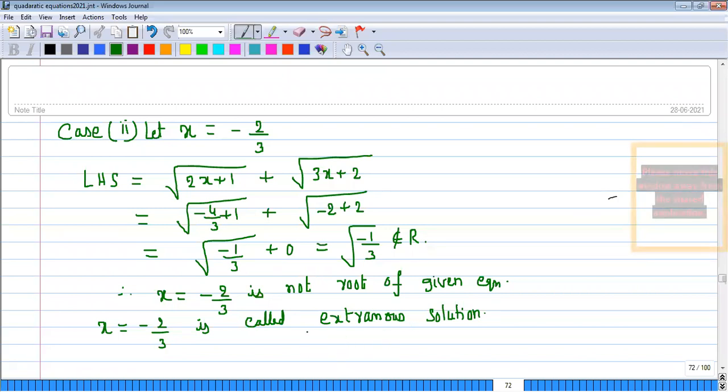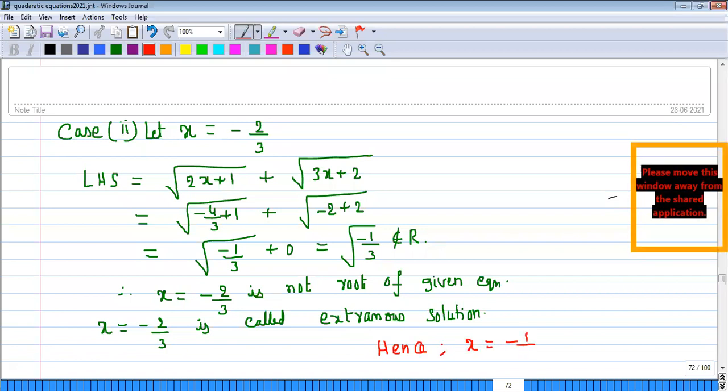Hence we can say that only one root it has. Hence, x is equal to minus 1 by 2 is the root of the given equation. This is the answer.